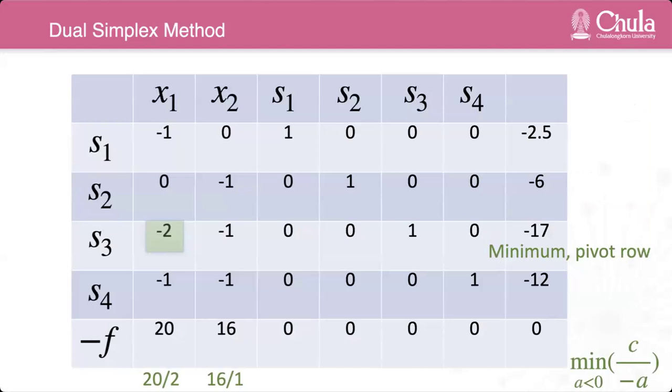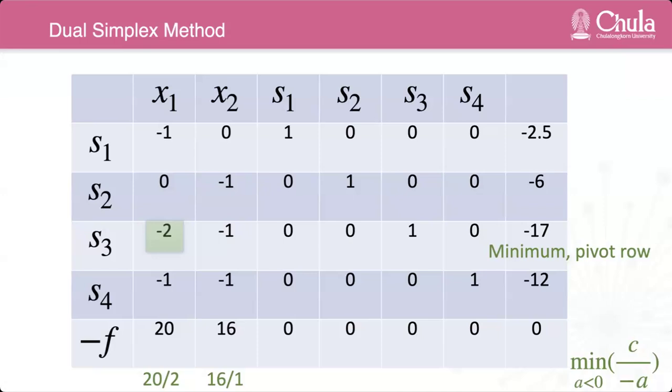But what the difference is, previously we never had negative values here. Okay. Now, the algorithm, instead of looking at the coefficients of the objective function, we look at the right-hand side of the constraints first. In the simplex method, remember, you look at the coefficients, right?